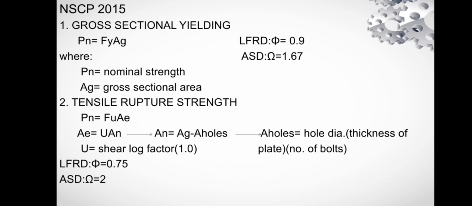To find the area of the holes, it is equal to the hole diameter times the thickness of plate times the number of bolts. In tensile rupture strength, there are also LRFD and ASD. In LRFD, phi is equal to 0.75 and in ASD, omega is equal to 2.